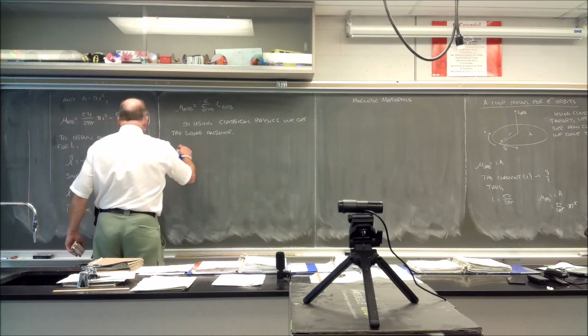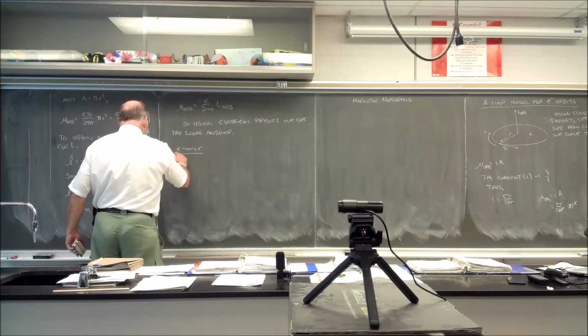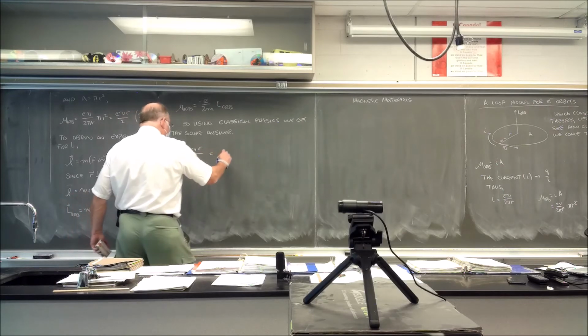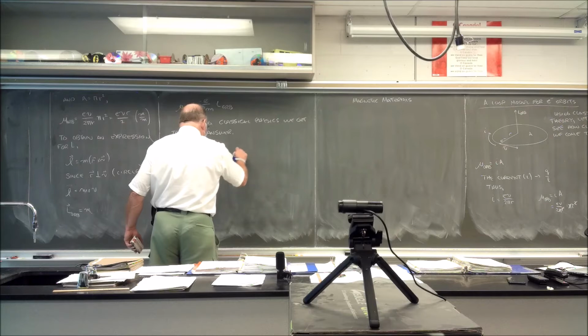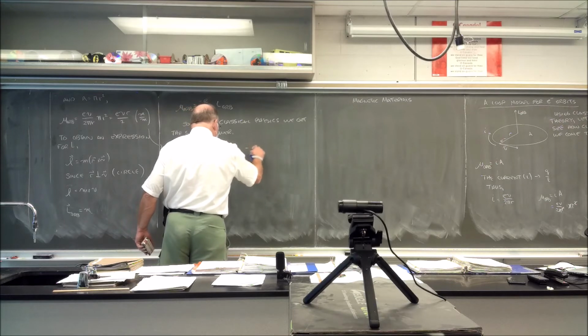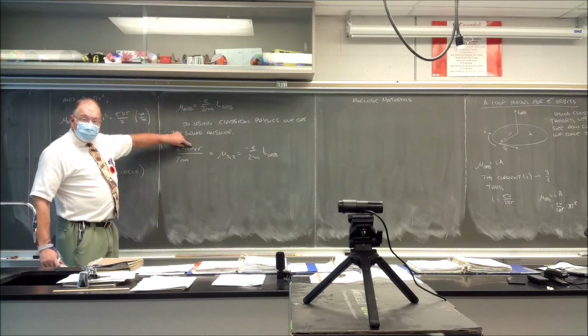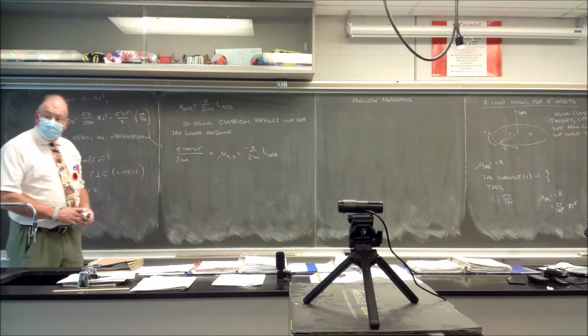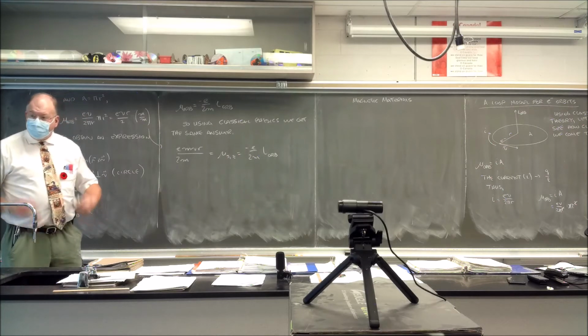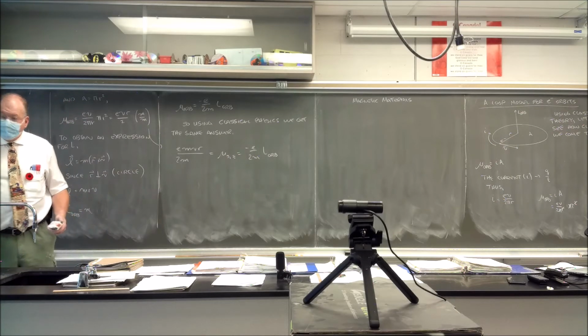That gives us EMVR over 2M, which is simply mu sub S comma Z, which is equal to negative E over 2M L orb by substitution, because MVR is L orb, right? Nicely done. Where does the negative come from? It's just because it's an electron, we know that.